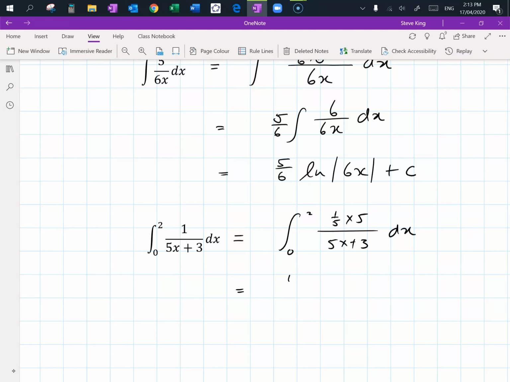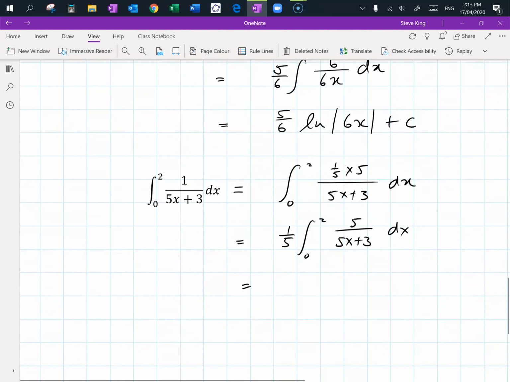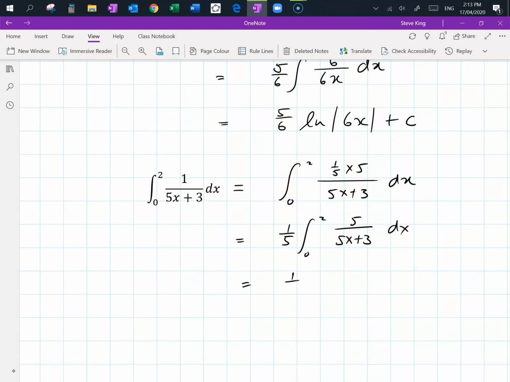So that's going to be 1/5 the integral between 0 and 2 of 5 over 5x plus 3 dx. And so what do we have now? We have 1/5 of, in square brackets, the natural log of 5x plus 3, between 0 and 2.